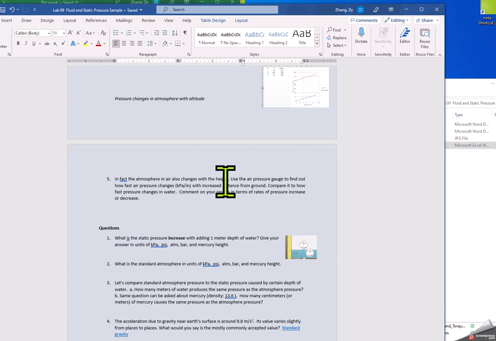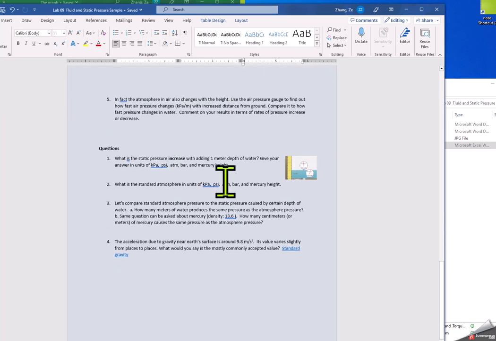In fact, that is how airplanes detect the altitude of the aircraft. When you go higher, the pressure is lower. So with the pressure, they know how high the airplane is flying. That's a very important idea, but it goes slowly compared with a liquid.